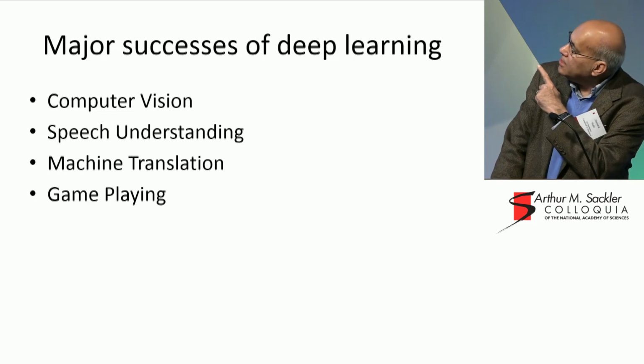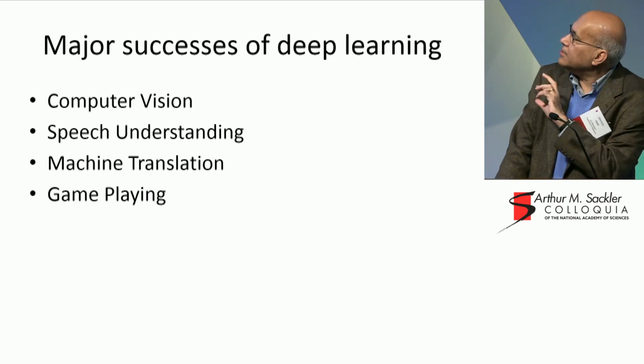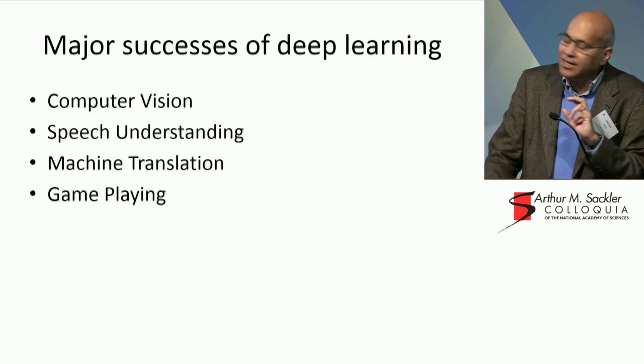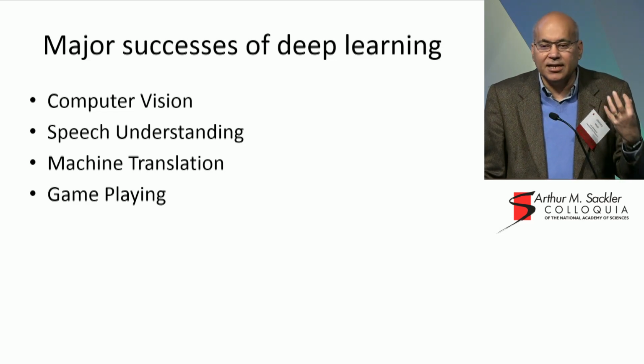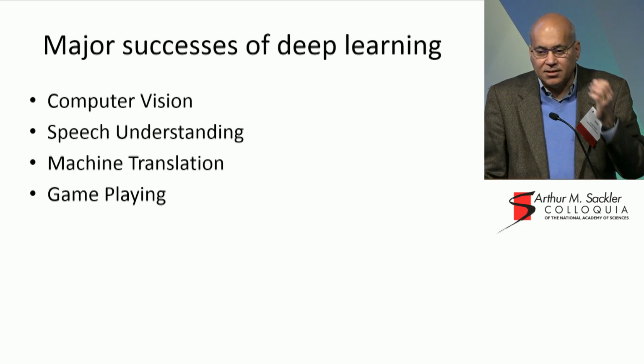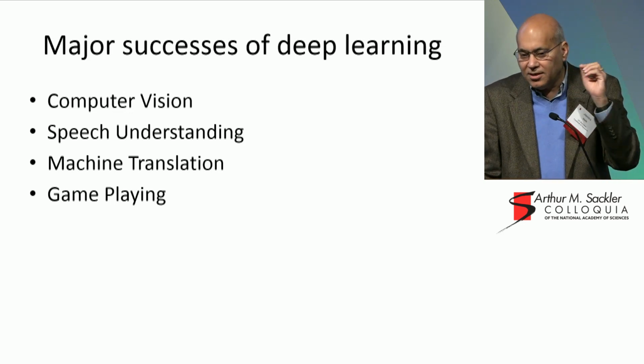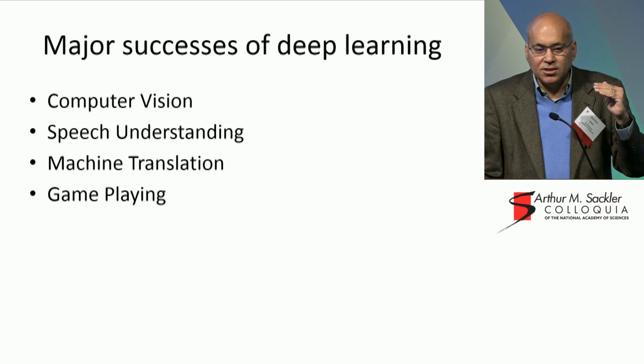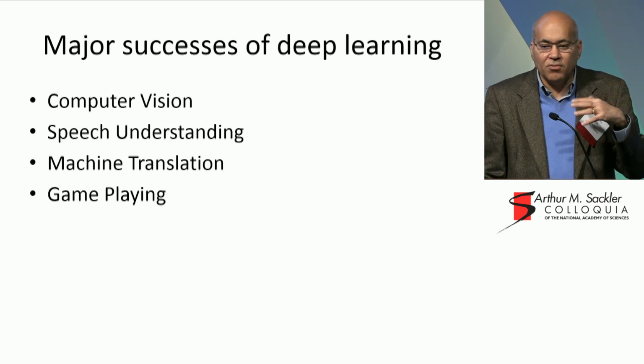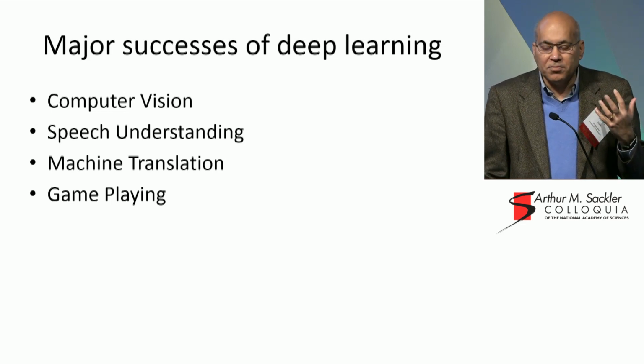Notice that these are all examples of narrow AI. In speech understanding and machine translation, we are hitting at questions of language. But this is not my talk, but I think the techniques that are used are a very far cry from what's going on in human processes.